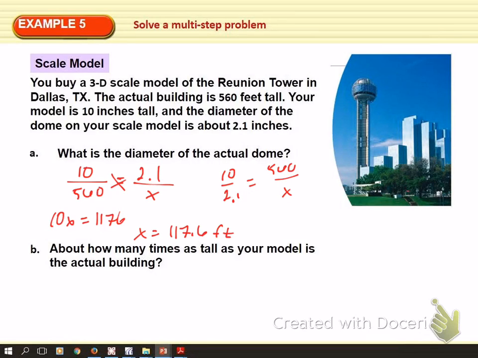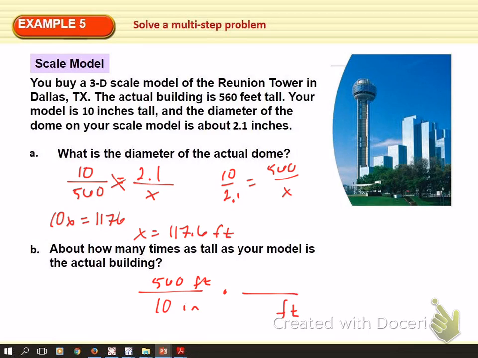So about how many times as tall as your model is the actual building? Well, we need to compare the height of the actual building to the height of the model. But you have to remember that these are not in the same units. They've got to be in the same units. So we need to convert.